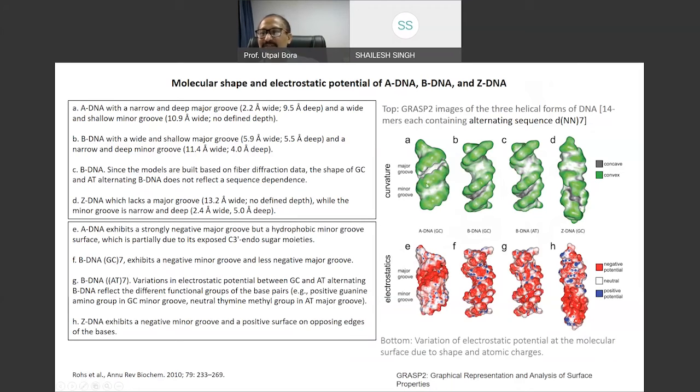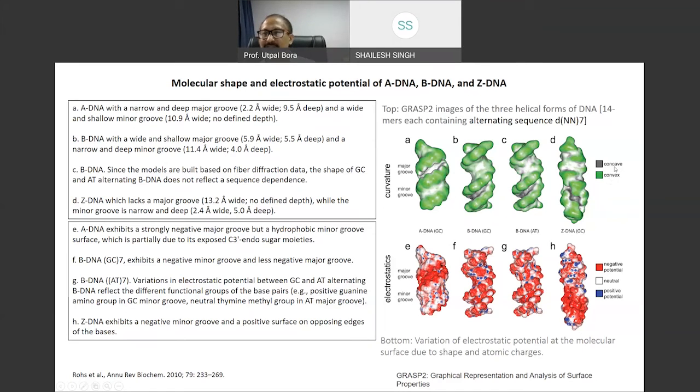You can see the green figures on the top, A, B, C, D. You have A-DNA where the GC content is more, B-DNA where the GC content is more, and B-DNA where the AT content is more, and you have Z-DNA where the GC content is more. You can see these very interesting features in the major groove and the minor groove. You can just see the figures and appreciate the differences.